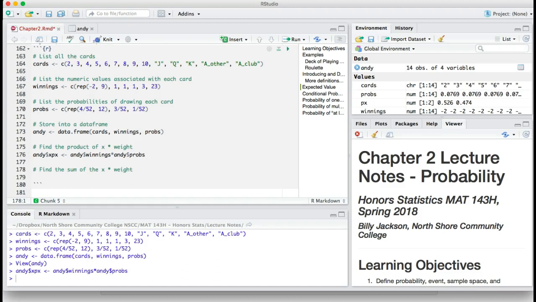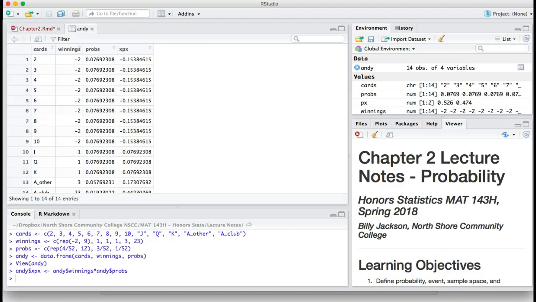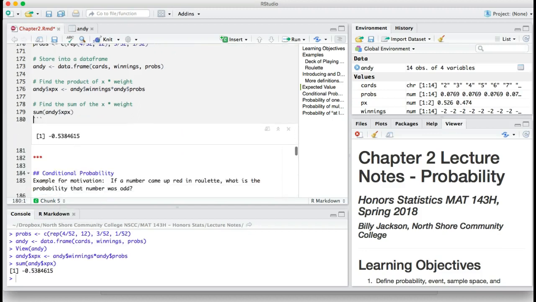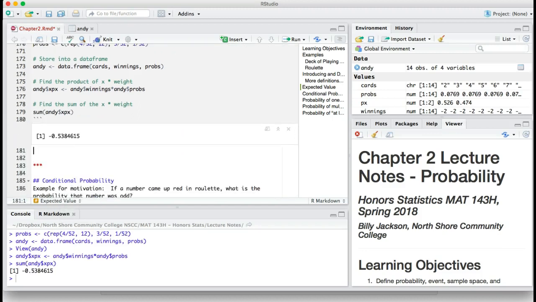Now if I go look at the Andy data frame, I've got this new column, which is the product of all of my individual winnings and probability values. Now I'm going to find the sum of that column, which is sum Andy xpx, and that gives me Andy's expected value for playing this game. So Andy's expected value is on average to lose approximately 54 cents per play.